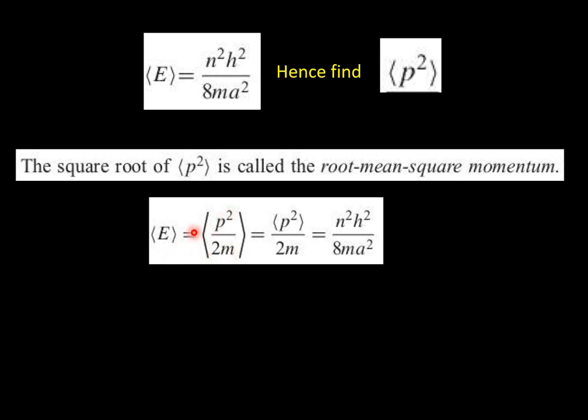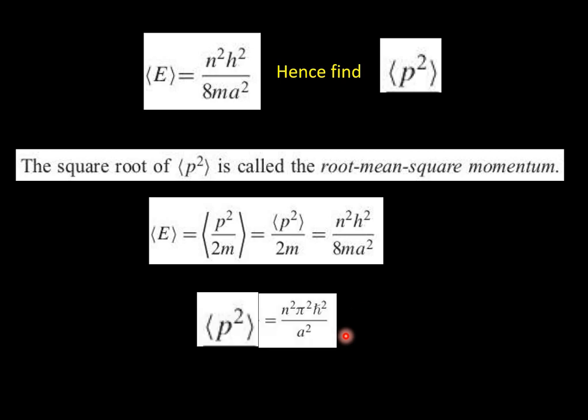So average E is nothing but the average of p square by 2m. m is a constant, so 2m comes out. So it is simply p square average divided by 2m, and that is equal to the given quantity n square h square by 8m a square. So from here you can easily equate these two to get p square average to be n square pi square ħ square by a square. So that's a simple question. You can take it as an exercise.